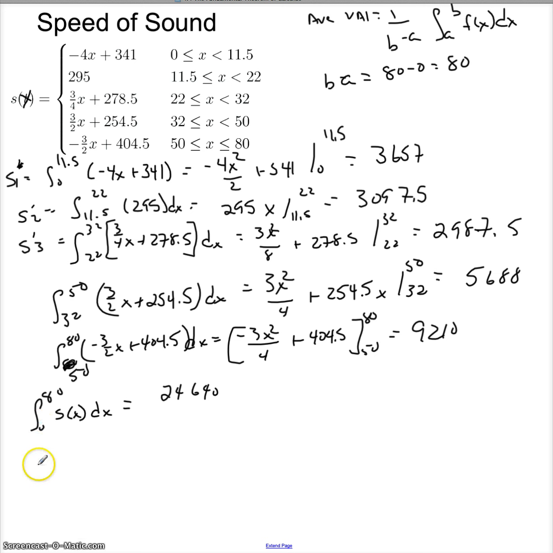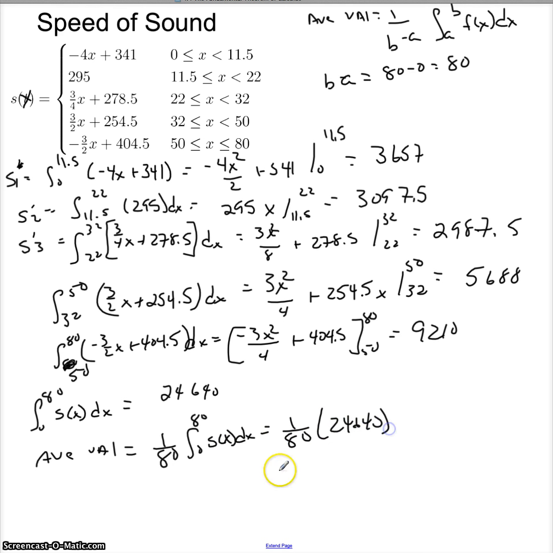Now, my average speed here is 1 over 80 times the integral from 0 to 80 of s of x dx. So it's 1 over 80 times 24,640. So we wind up with 308 meters per second.